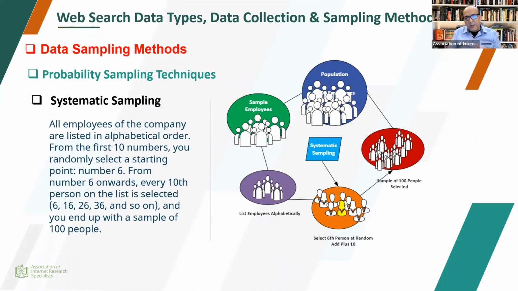So assuming that we want to extract a sample of employees, in the green we have a number of employees selected. Let's say the population has 10,000 employees.